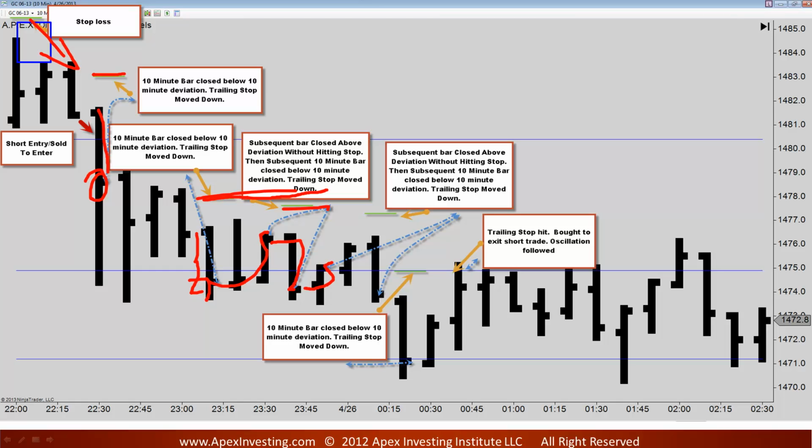And then it closes above it again without hitting my stop loss up here, and closes back below it again, same deviation level, and I trail it again. So I have to move it 3 times on the same deviation level. And then this one closes just a tick below the deviation, gets it trailed again. Then it comes around, it hits my stop, and then it goes in oscillation for hours. So I'm glad I got out. Alright, that's how you use the 10-minute deviation stop method.